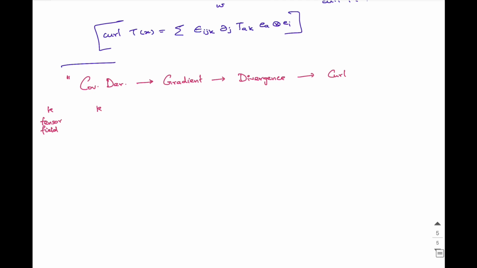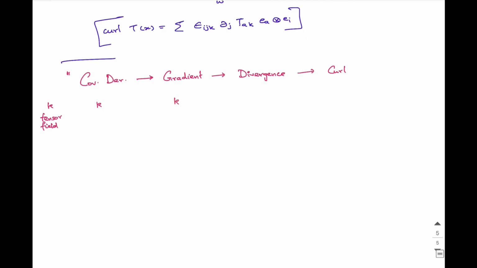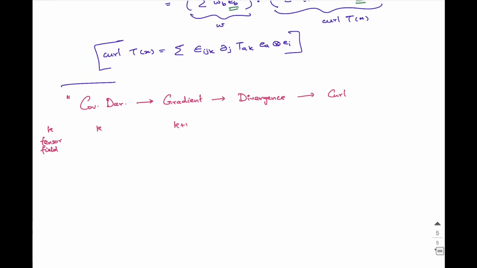So this is also a tensor of order k. And when you take the gradient, you're increasing the order by 1, so it's going to be k plus 1. What the divergence does is take the contraction of the last two indices, so it reduces the order of the gradient by 2. In other words, the order of the divergence is going to be k minus 1, one less than the order of the tensor field.